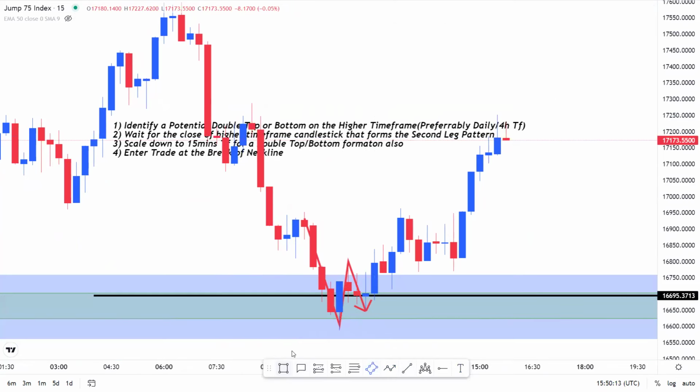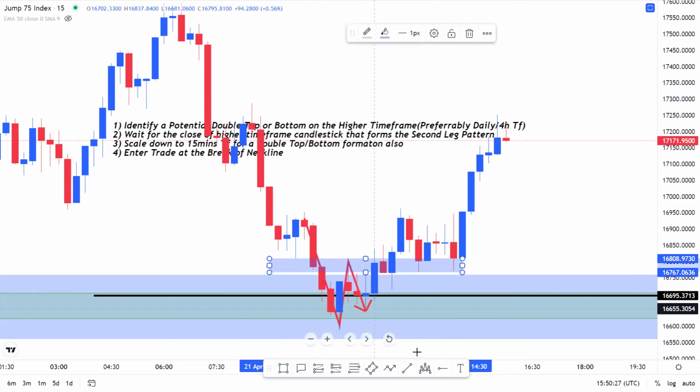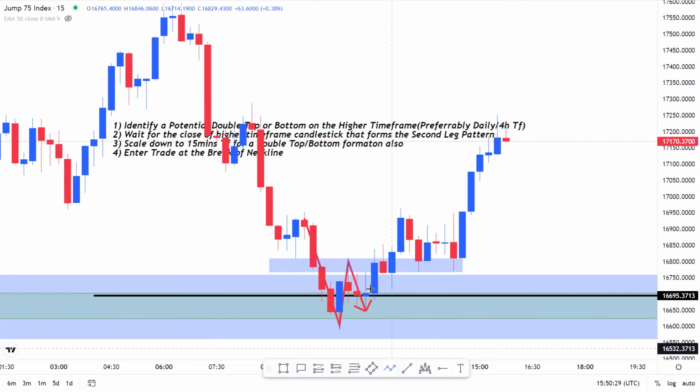And this is where we are only going to get in on longs once we have the neckline of the 15 minutes time frame broken. So we have this being the neckline, and then you can see we had a perfect break of the neckline.